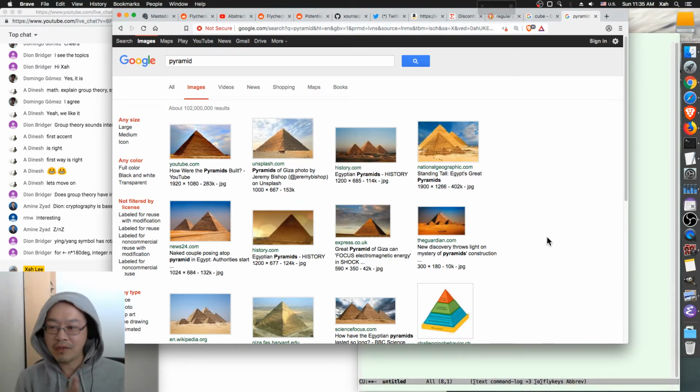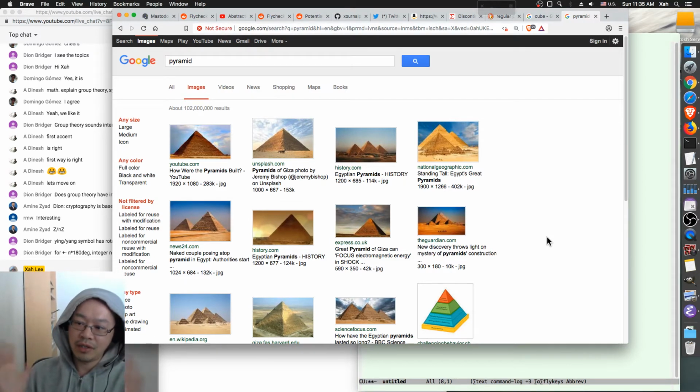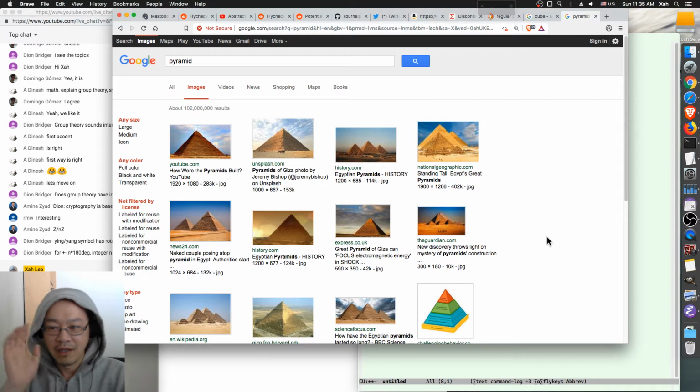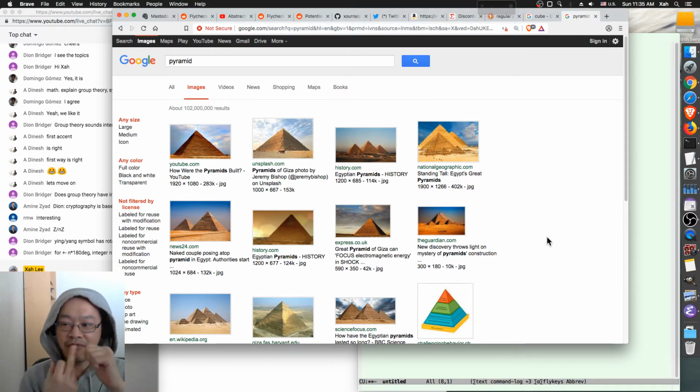So we have mirror symmetry, we have rotational symmetry. Let me show you. Okay, let's not get into too much. There are other types of symmetries, but let's not cover them now. So now we have mirror symmetry.